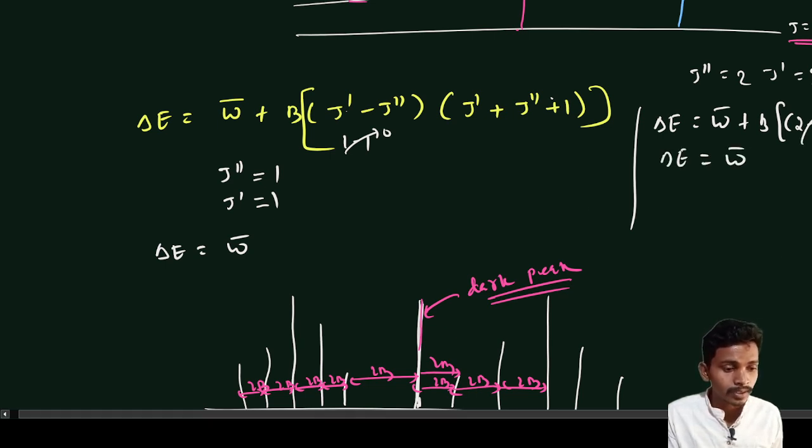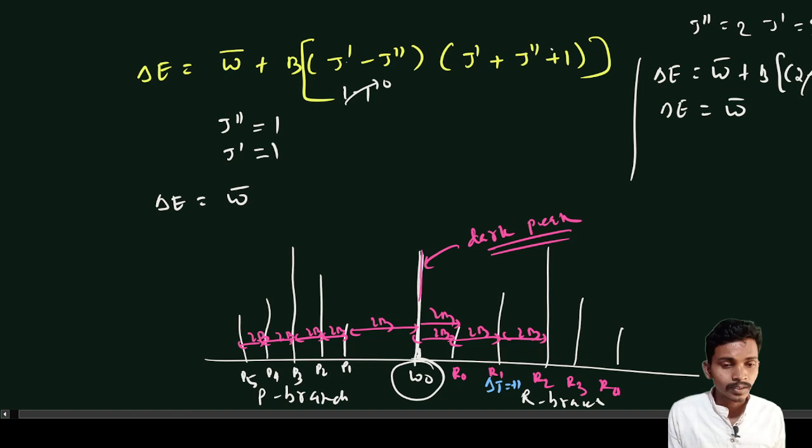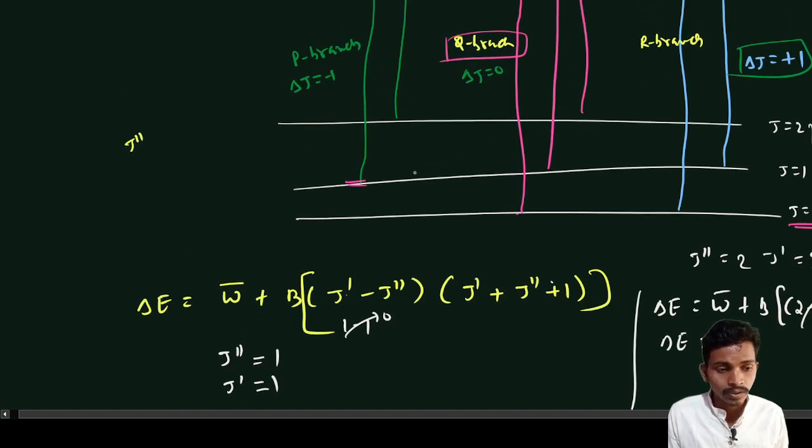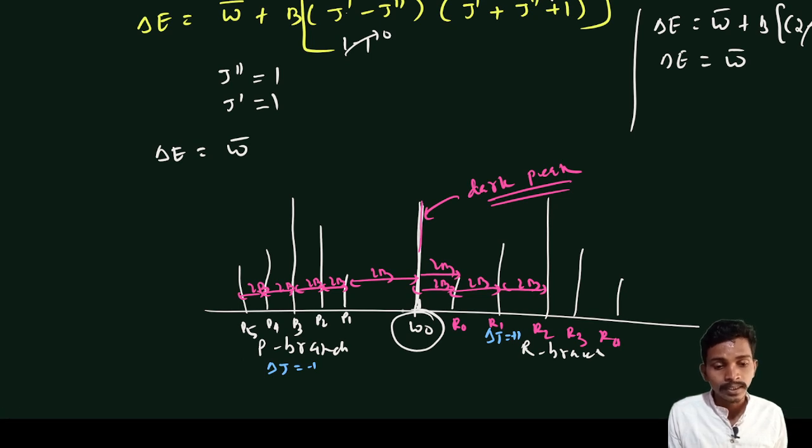So whatever transitions I do, in all cases it falls only at omega. It means that whether you are doing transitions from j equal to 0, j equal to 1, j equal to 2, j equal to 3, whatever the transitions, the peak always falls at omega. So this intensity will become a dark intensity. Okay.